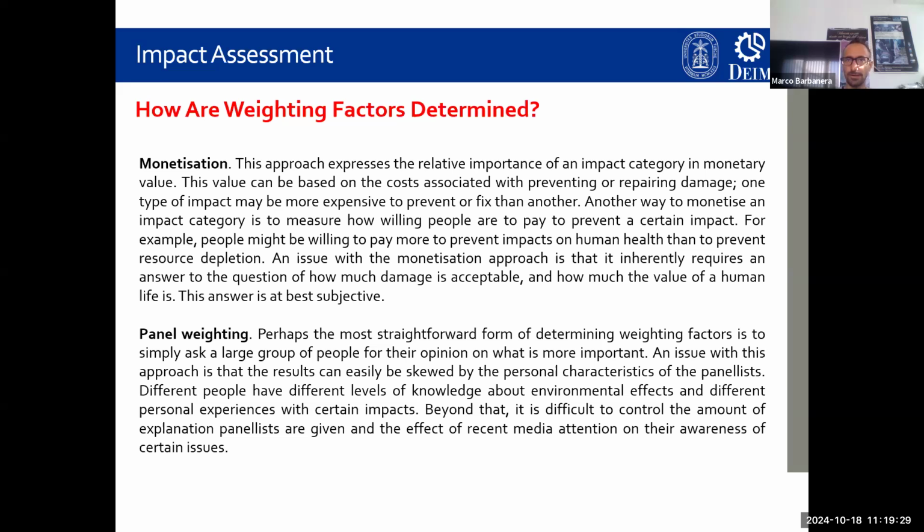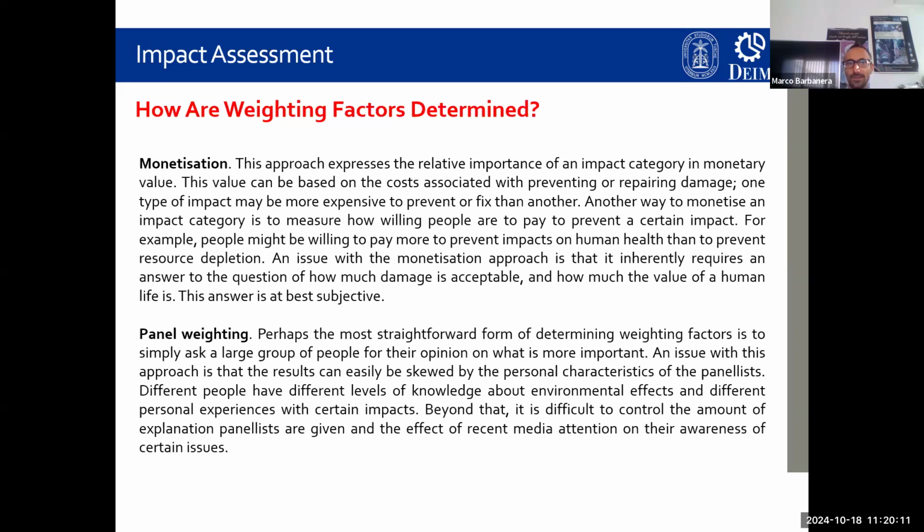In the case of life cycle costing, we calculate the costs associated to each life cycle stage of the product. So the perspective is different and the aim is different, but in life cycle costing, it would be interesting to consider not only the direct costs associated to the product, but also the indirect costs of the product.